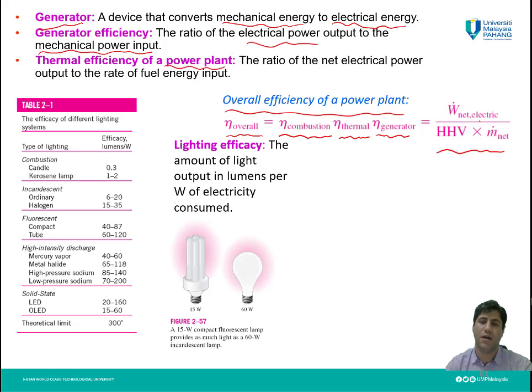Only by these three parameters can we calculate the overall efficiency of a power plant. Which type of fuel is burning in that power plant, and how much is its higher heating value? How much is the mass flow rate provided for the combustion in that power plant? And how much is the production of electricity in that power plant? Simply by this equation, we can calculate the overall or net efficiency of a power plant.